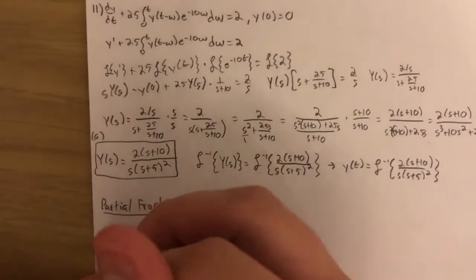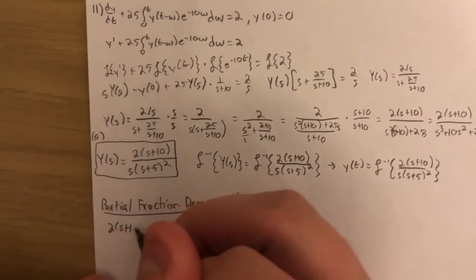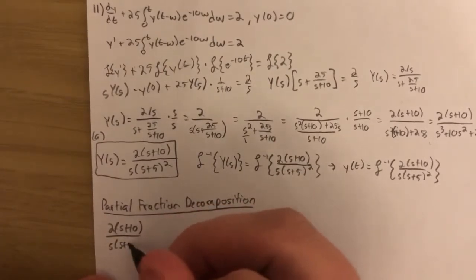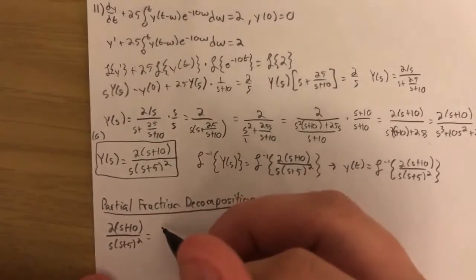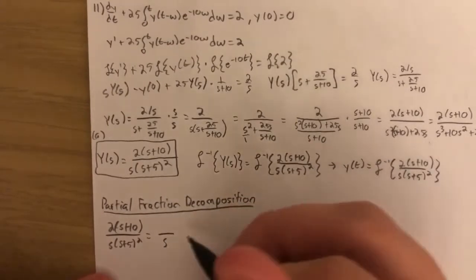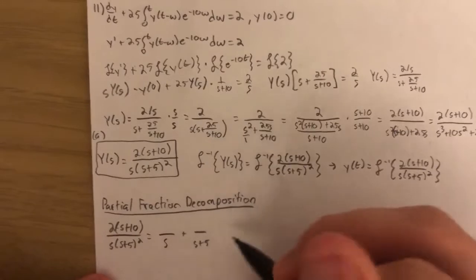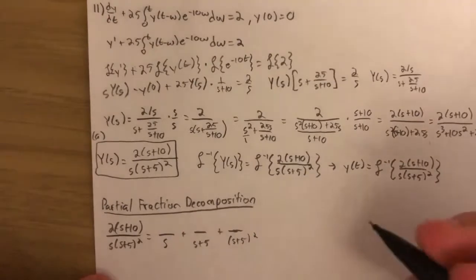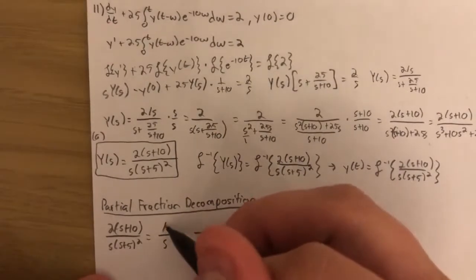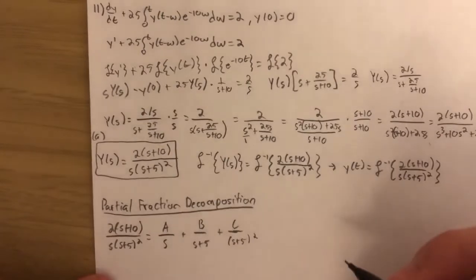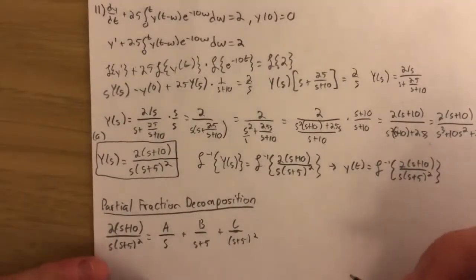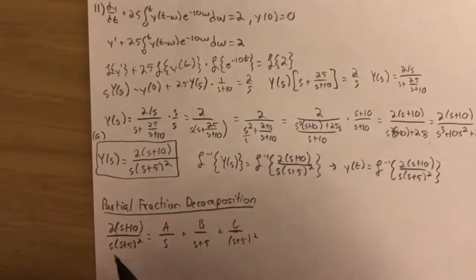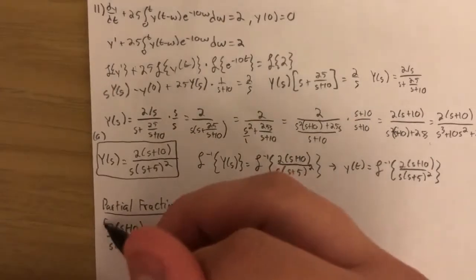So we have the term 2 times s plus 10 over s times s plus 5 squared equals something over s plus something over s plus 5 plus something over s plus 5 squared. For this problem, just simple A, B, and C. So we have to find the common denominator, which in this case is obviously going to be the one at the bottom there.